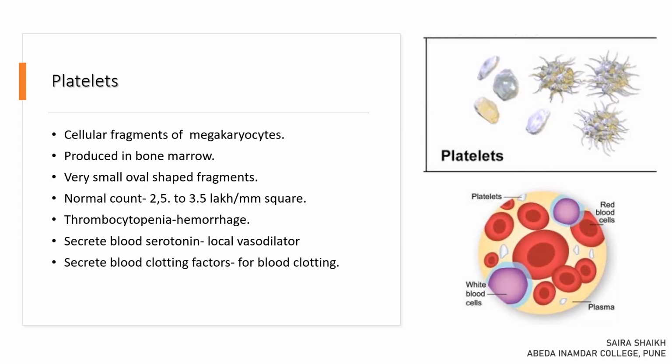Their number is about 2.5 to 3.5 lakh per millimeter square of blood. In abnormal conditions the thrombocyte number decreases and produces a condition called thrombocytopenia. This condition may appear when there is a loss of blood or hemorrhage, that is internal bleeding.